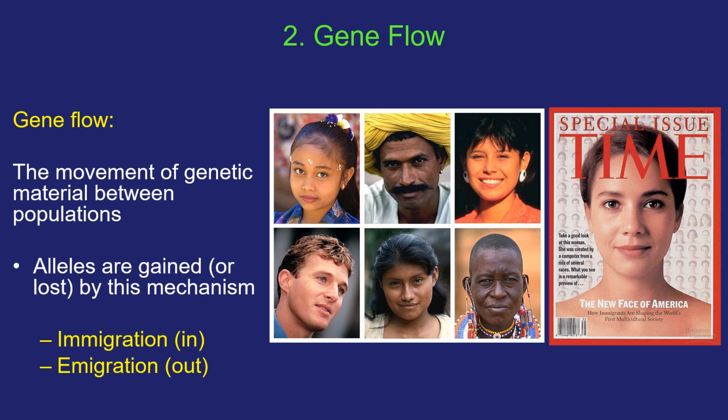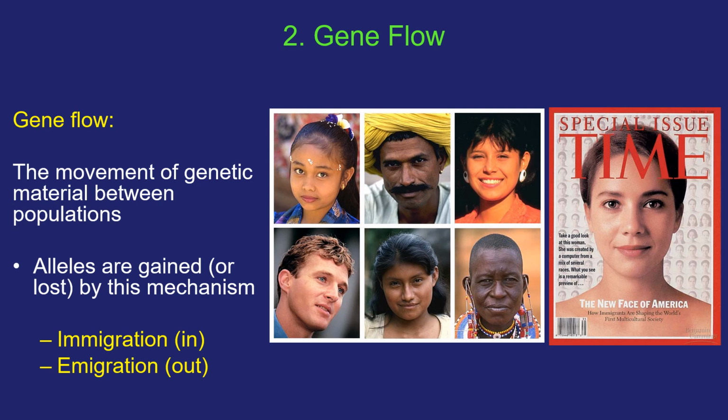We can have two populations that are physically isolated by an ocean, by a mountain range, and there's no gene flow between them. If we look at human history, we have had human populations that have been isolated from each other, sometimes by geography, so physical barriers, but also quite often by cultural barriers.